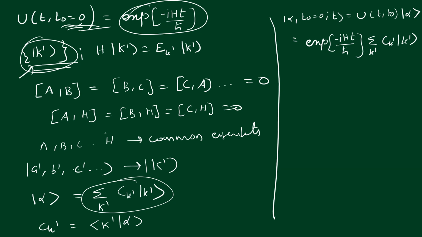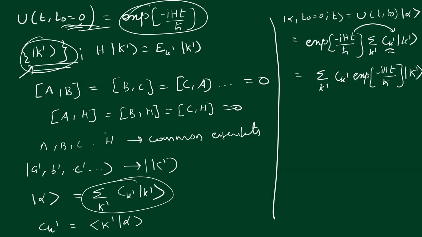So here we have a linear combination of all these base kets, and ck prime are the expansion coefficients. Now this is an operator, ck prime is a number, so we can take this inside. So this becomes sum over k prime ck prime exponential minus iHt divided by h bar acting on ket k prime.